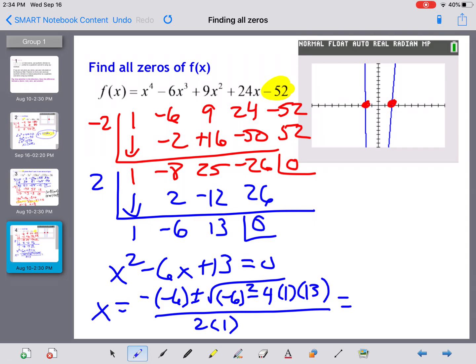And this is going to result in 6 plus or minus the square root. 36 minus 52 is going to be negative 16 over 2. And so we know that this is going to give us an i.